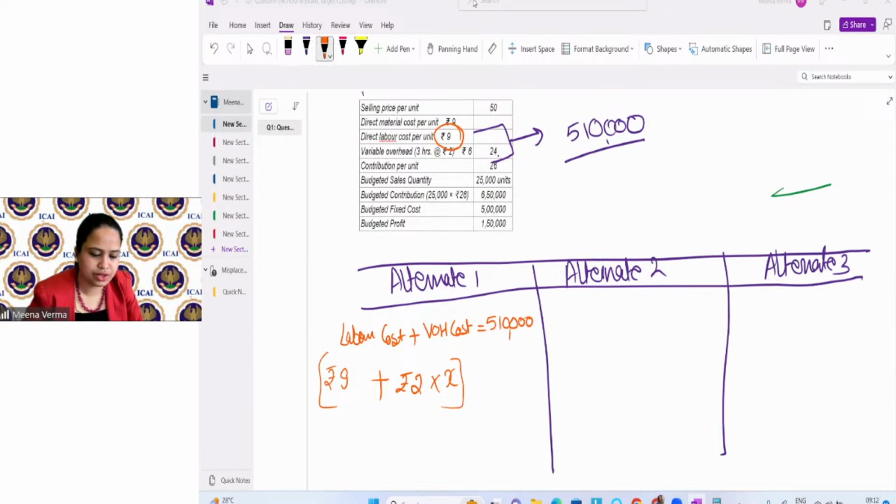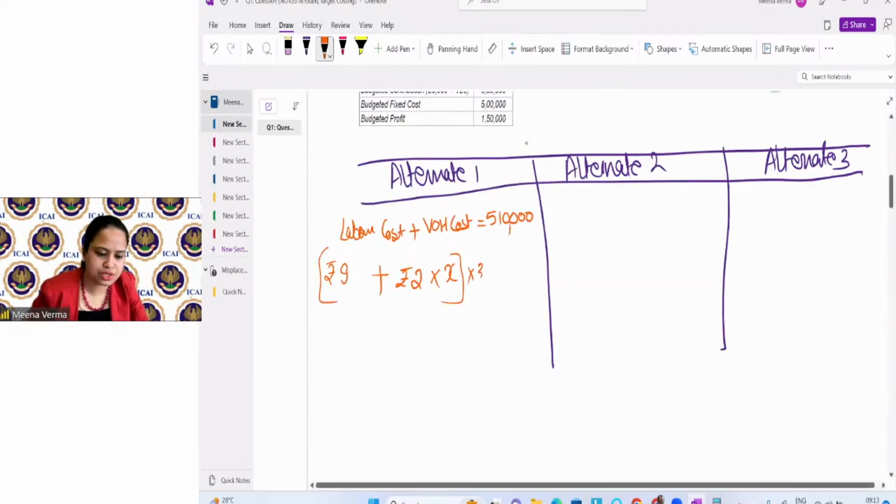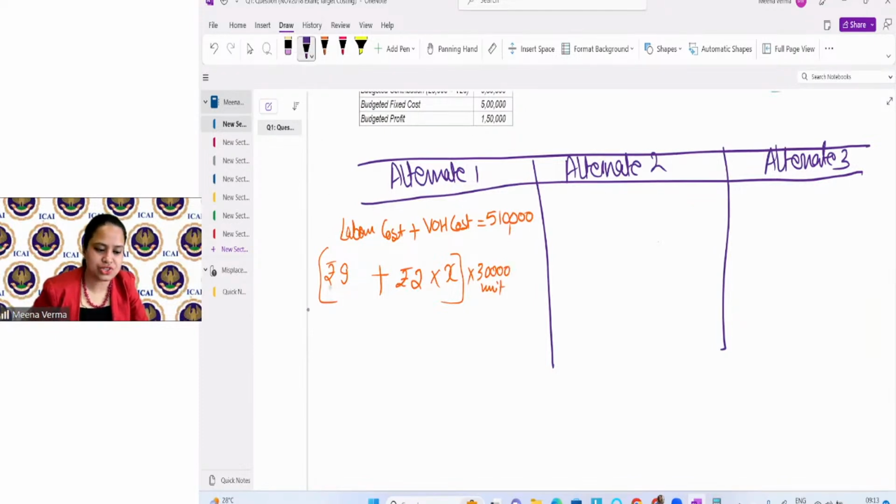Here we are producing 30,000 units. And it is given in the question that the labor's wages are increased by 3 rupees.